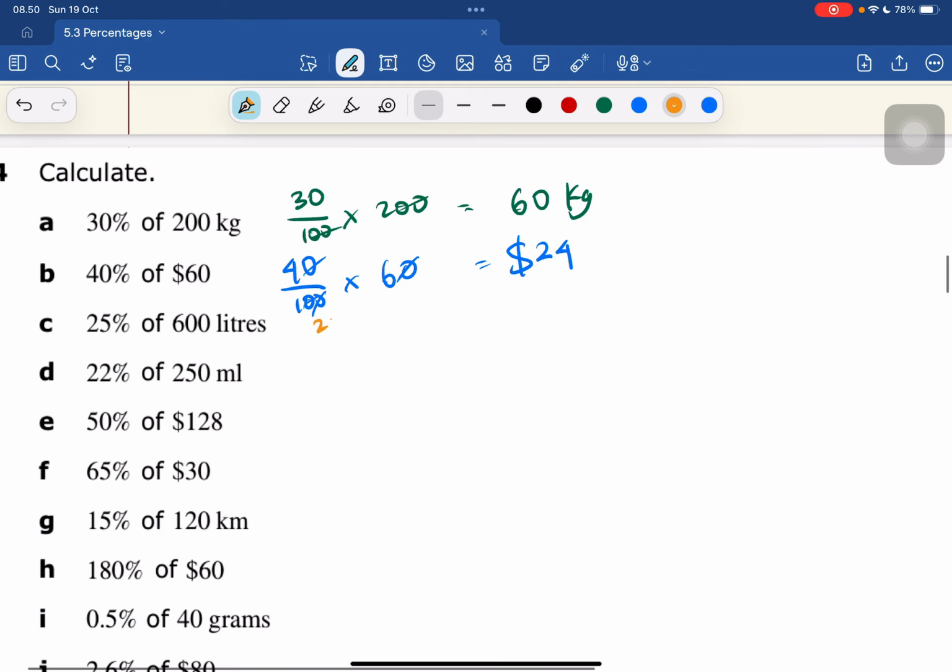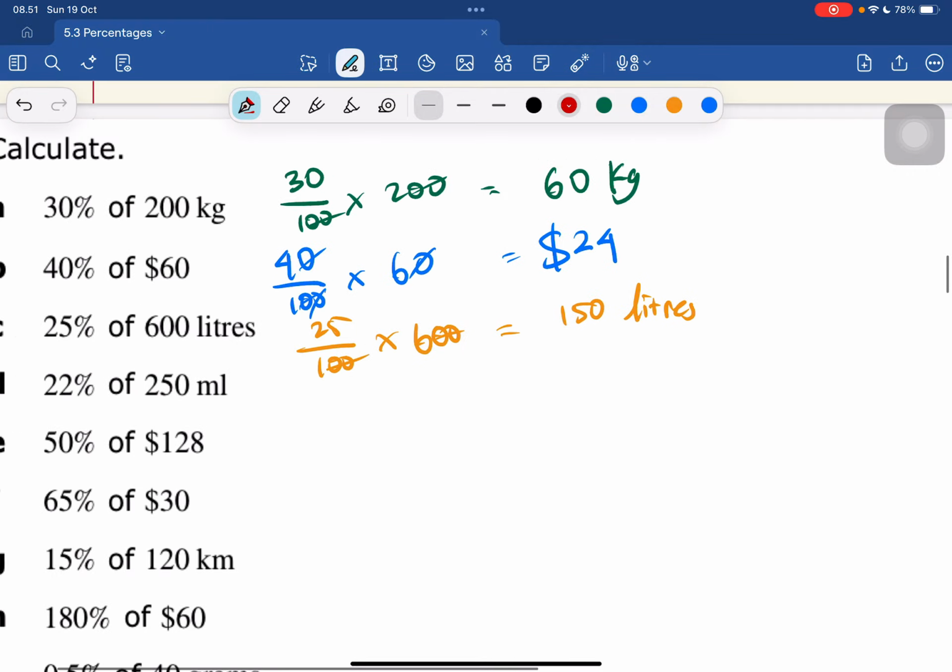Next, 25 over 100 times 60 liter. So we divide by 100, simplify. So the last is 25 times 6, which gives us the answer of 150 liters. Okay, we got it now. 22 over 100 times 250.